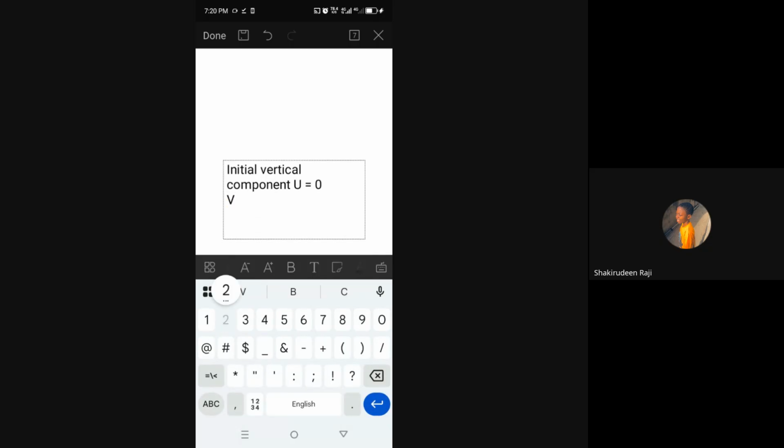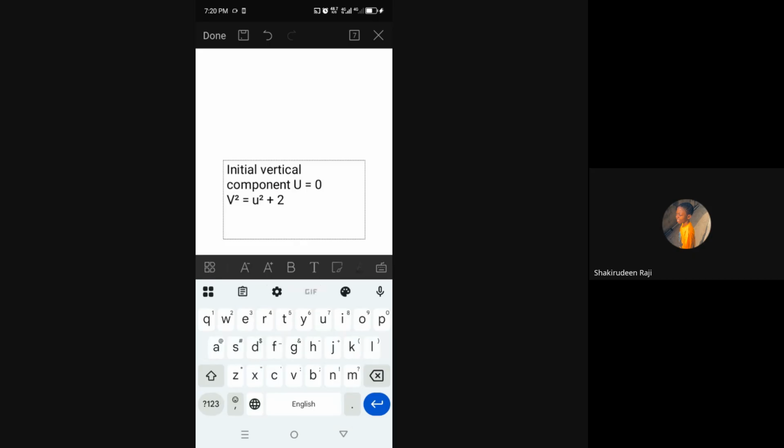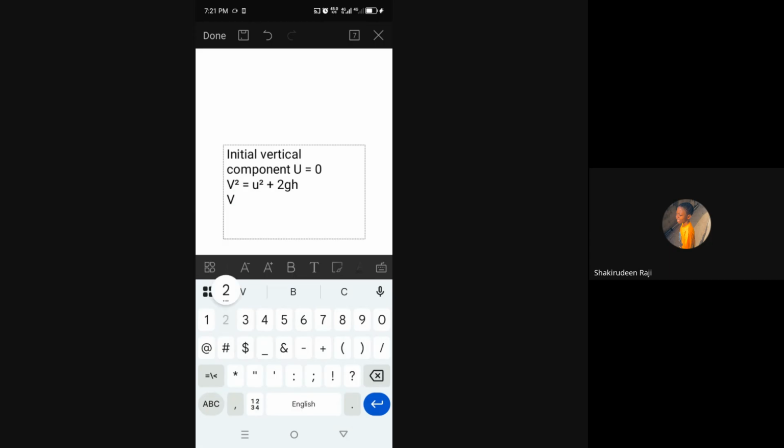So v is what they're asking us to calculate. v square is equal to u square plus 2gh, and we already have h. So v square is equal to 0 square plus 2 times 10 times, what's the height? 50, right?